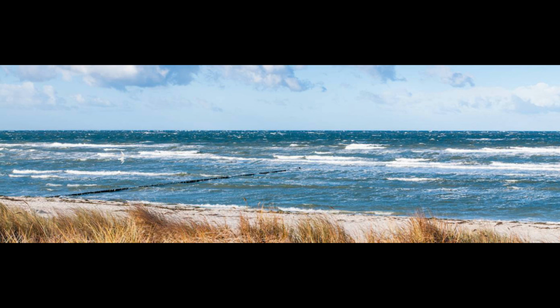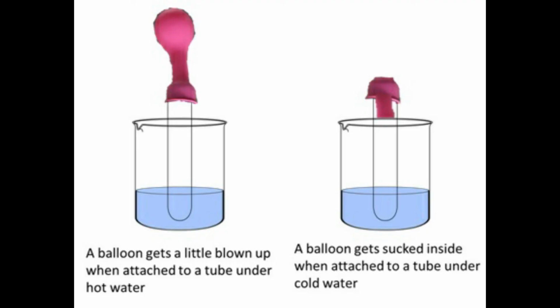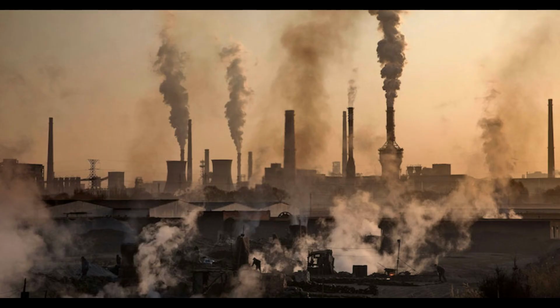Children, listen carefully. Once again, I will revise today's topic. Air expands on heating. And that activity you can do with the help of your parents, which I taught you. Our second topic was air pollution.